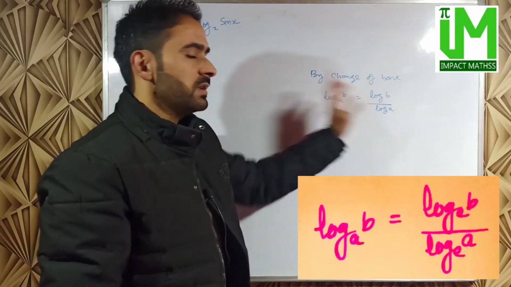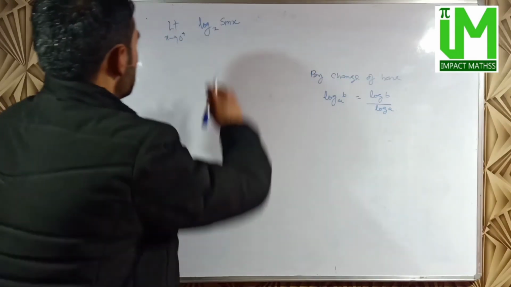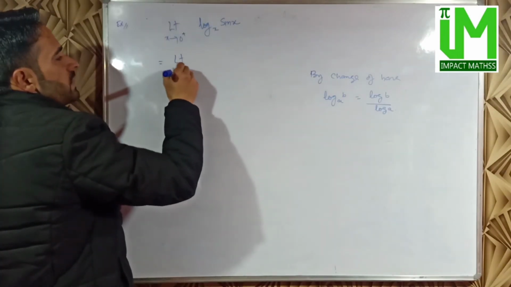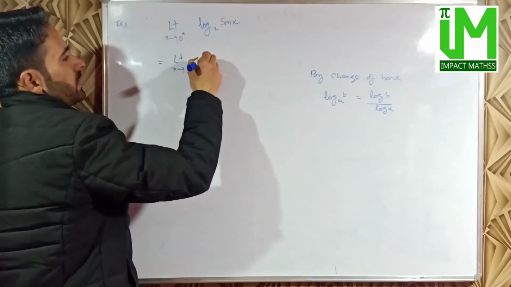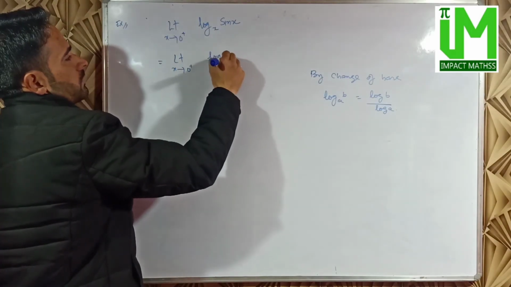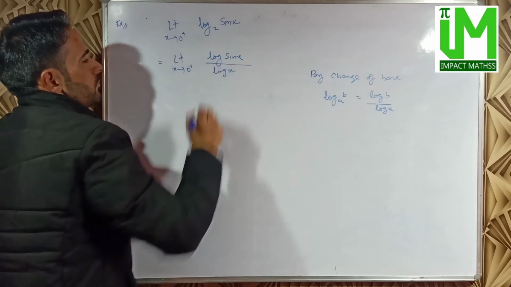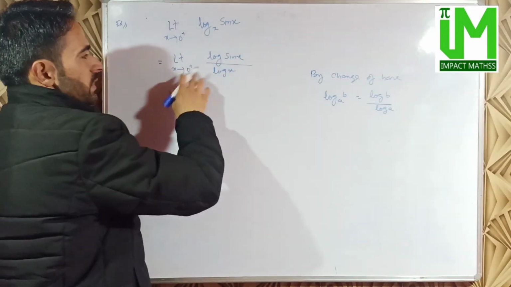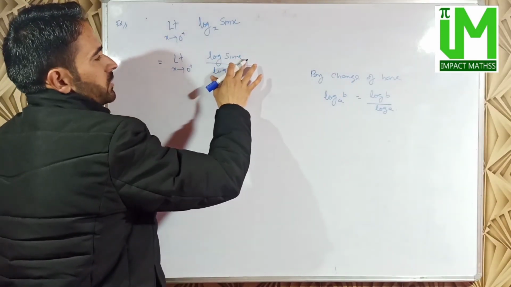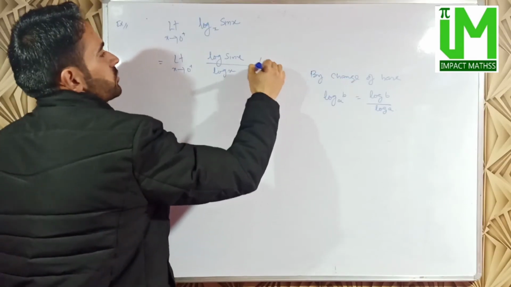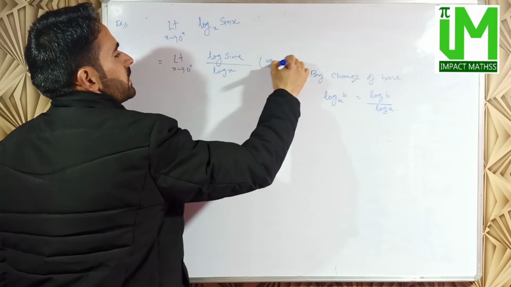Now by change of base formula, this will be equal to limit x approaches 0 from the right, log of sine x divided by log of x. Again when x approaches 0, sine 0 will be 0, so log 0 is infinity, so this is infinity by infinity form.